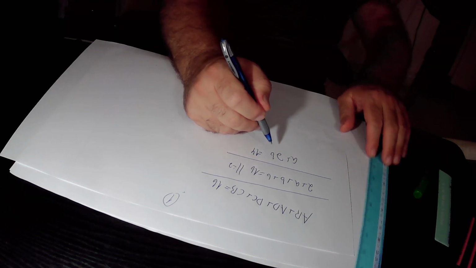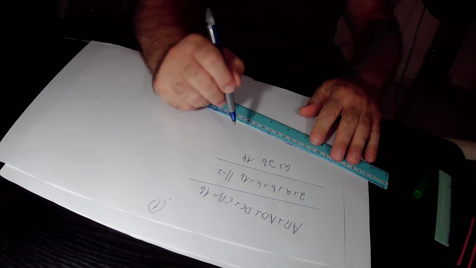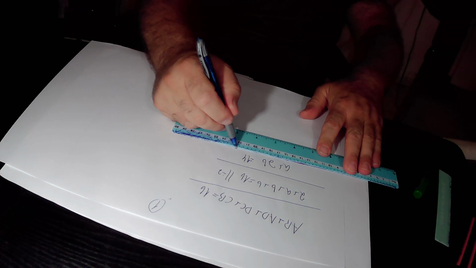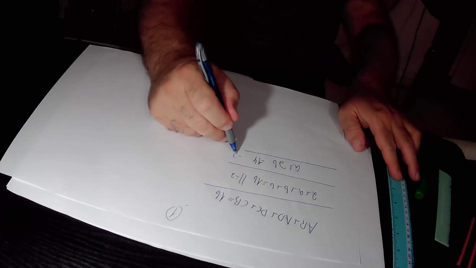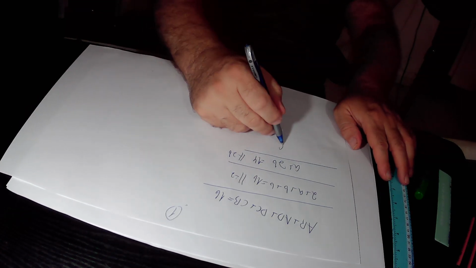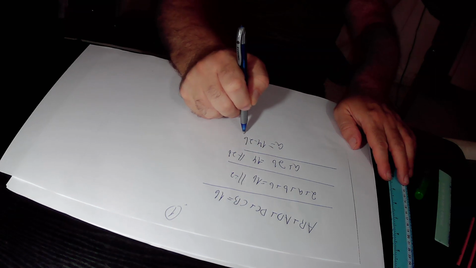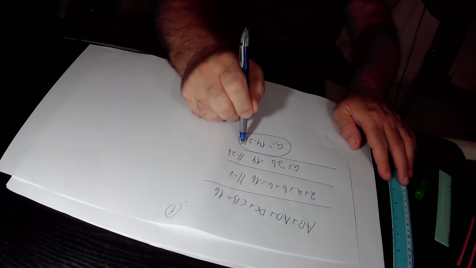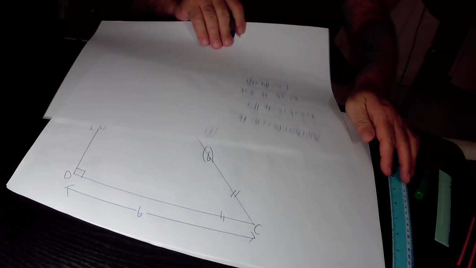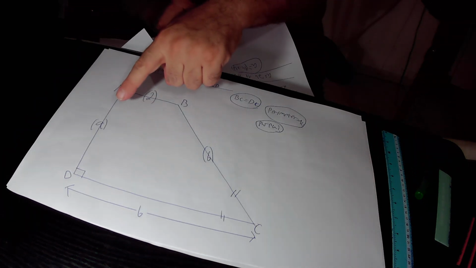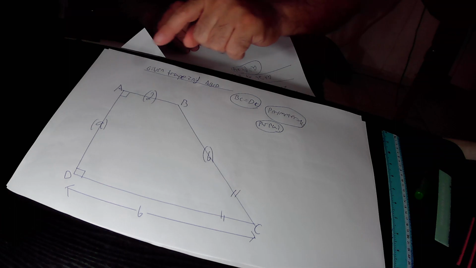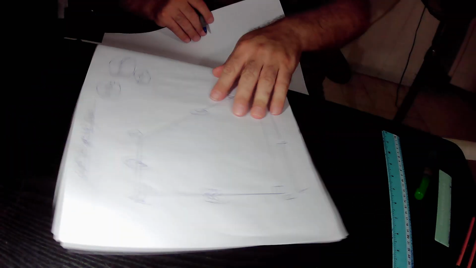So A plus 2B equals 14. Here we subtract 2B from this equation, and we get that A equals 14 minus 2B. AD is equal to A, which is equal to 14 minus 2B units in its length.